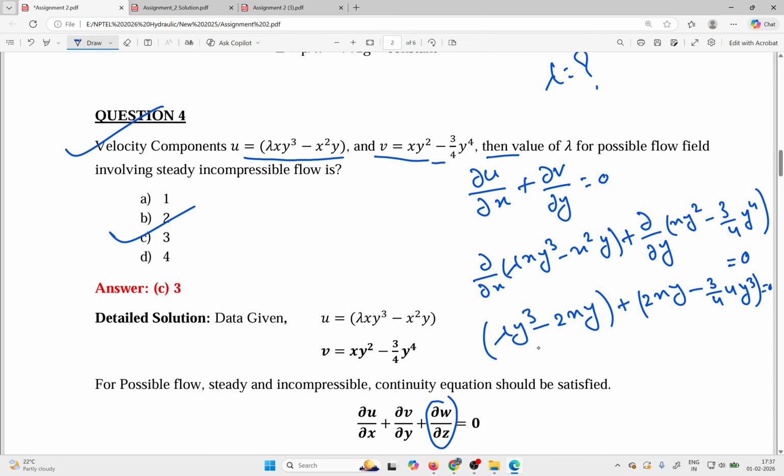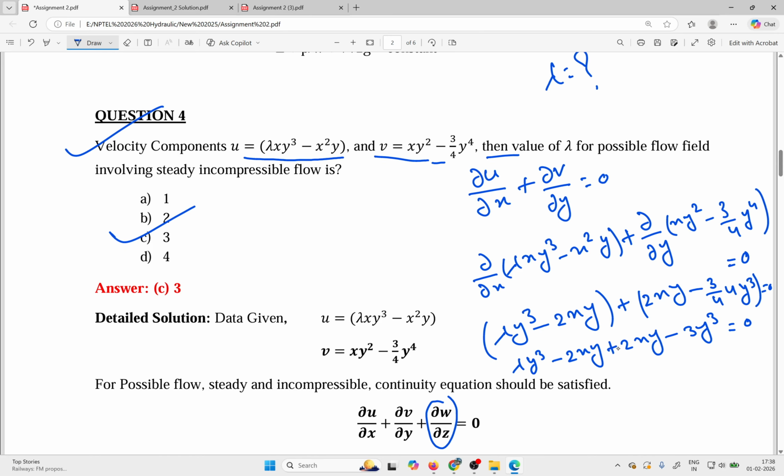So now lambda y cube minus 2xy plus 2xy minus 3y cube is equal to 0.